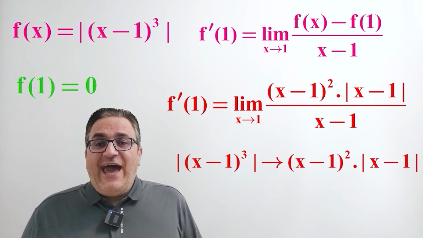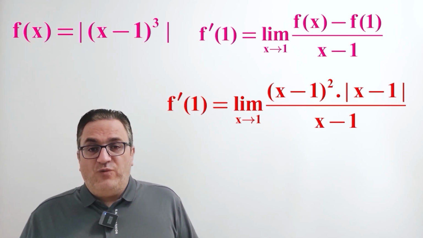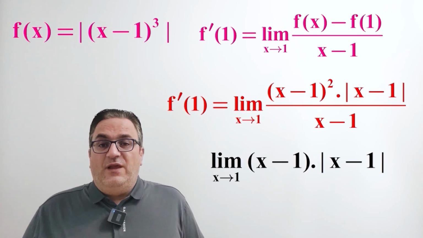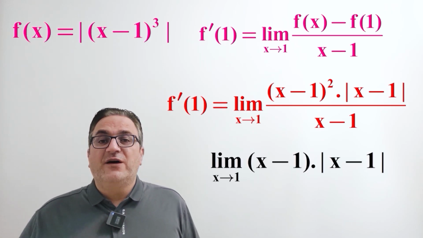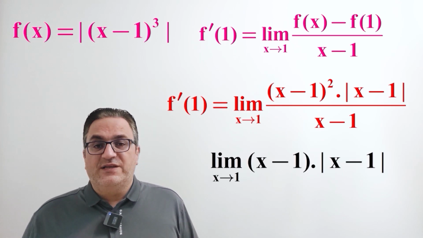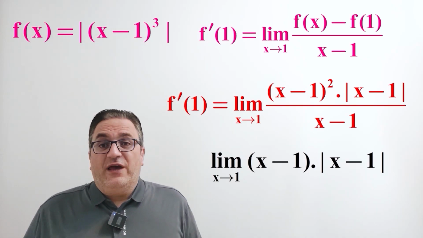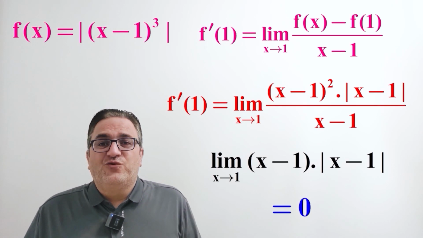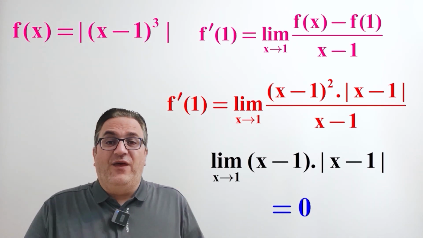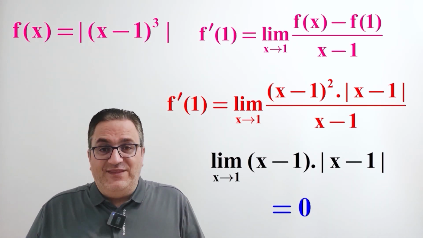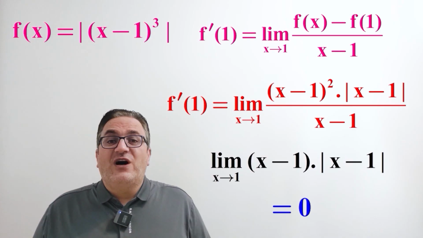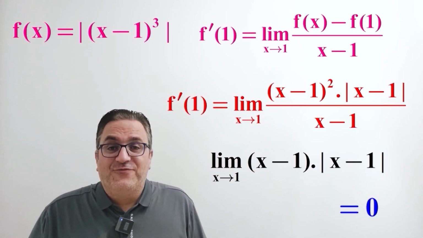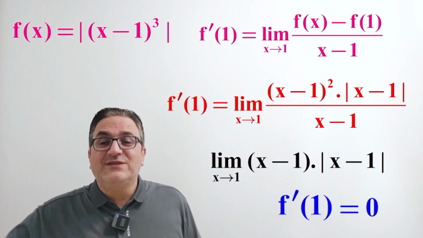Now we can cancel one (x minus 1), which leaves us the limit of (x minus 1) times the absolute value of x minus 1. Now if we plug in 1, the whole thing becomes 0. This is true for both the left and the right side. So in this case, the derivative does exist and f prime of 1 equals 0.